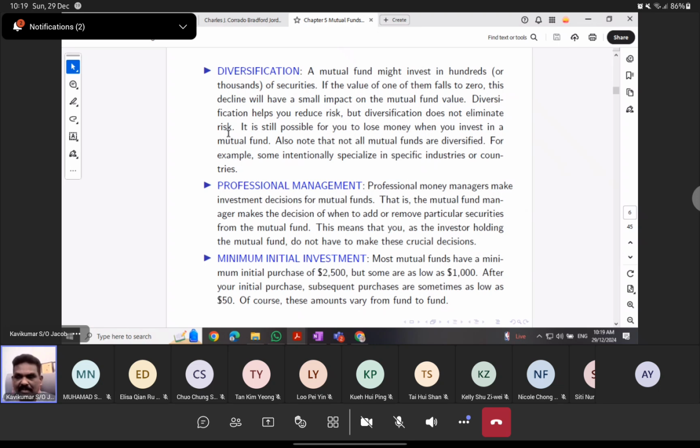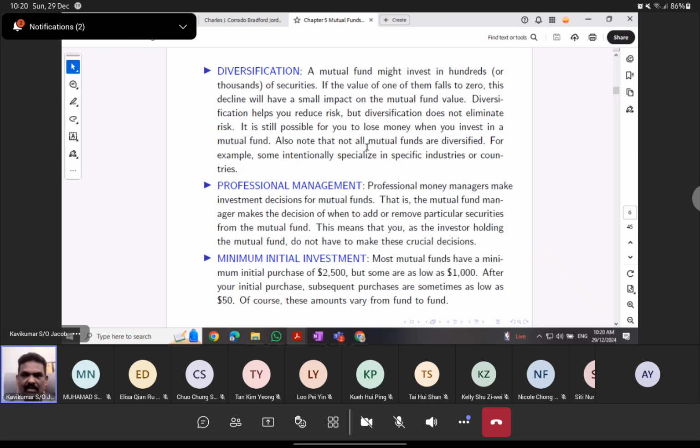Suppose there are 10 mutual funds and you invest in all 10. If any one of them falls to zero, it's not going to affect the other 9, right? So if you invest in diverse mutual funds, we can reduce the risk. It is still possible for you to lose money when you invest in mutual funds.